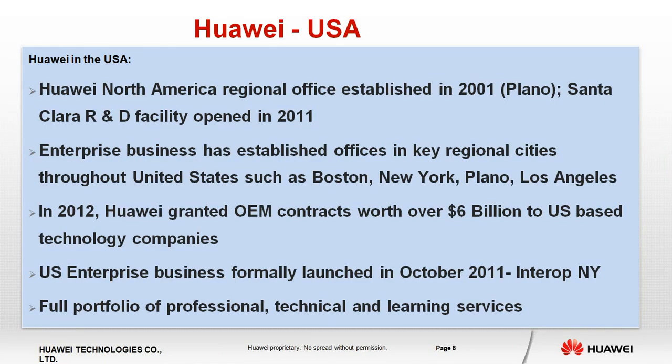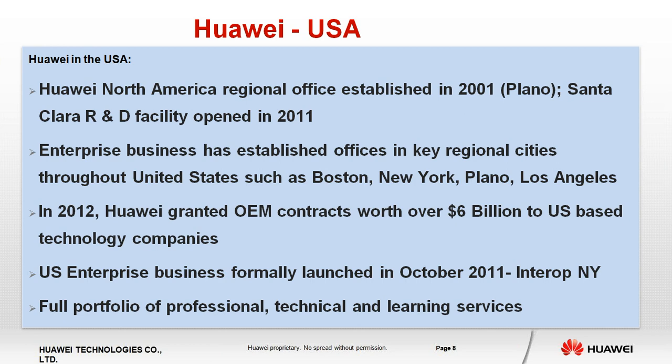Here is a little bit about Huawei USA. Huawei USA was established in 2001 in Plano, Texas. Our R&D facility in Santa Clara was opened in 2011. We have key regional offices throughout the U.S. in major cities such as Boston, New York, LA, etc. One thing to note is Huawei granted OEM contracts worth over $6 billion to U.S.-based technology companies.